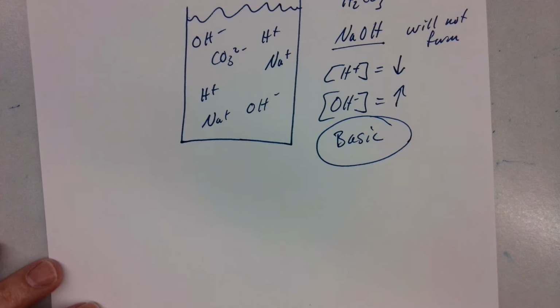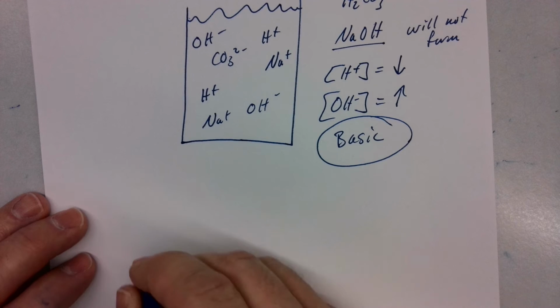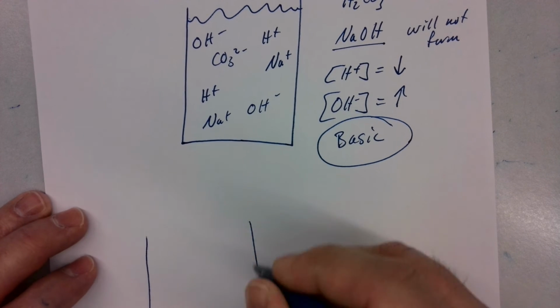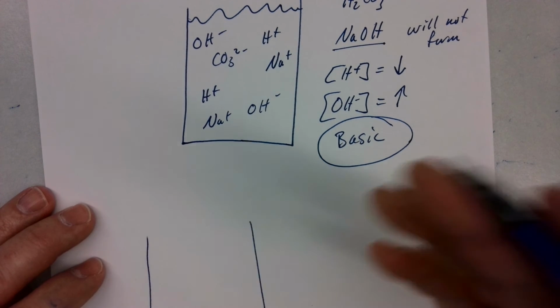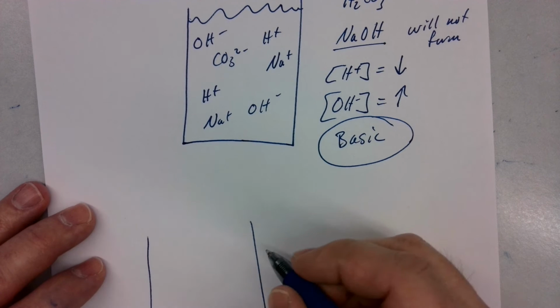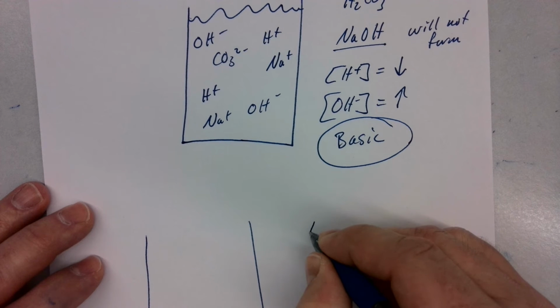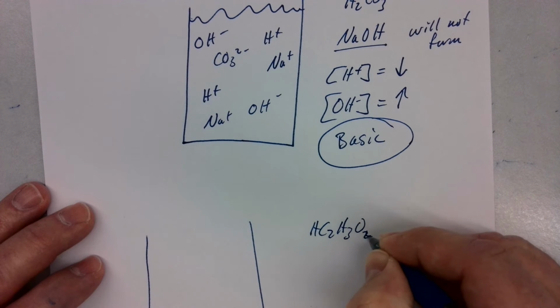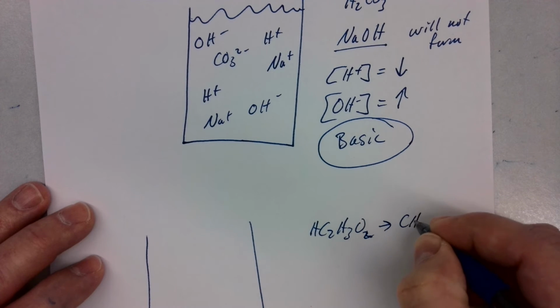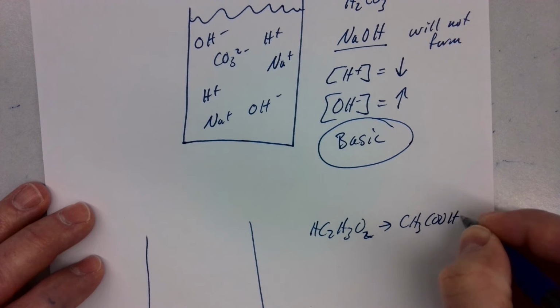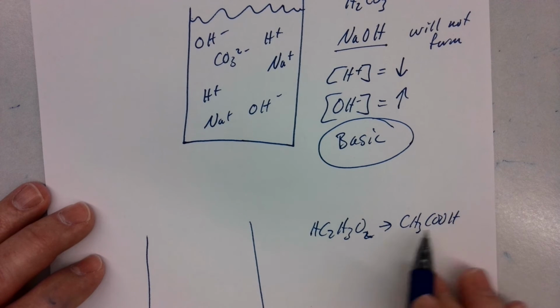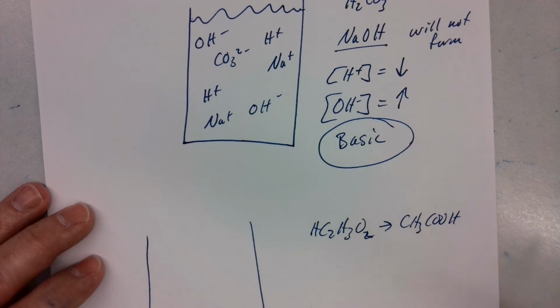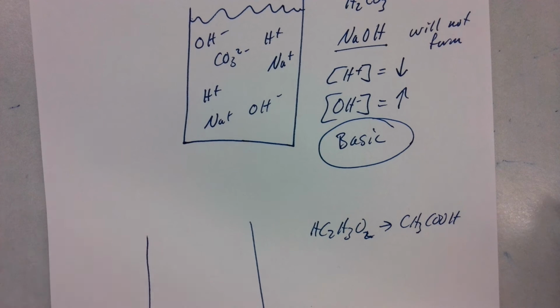So listen, when I have my buffer, we always use acetic acid, right? And remember that HC2H3O2 is the same as CH3COOH. These are the same thing, just written differently. I think I wrote it back there on the board.